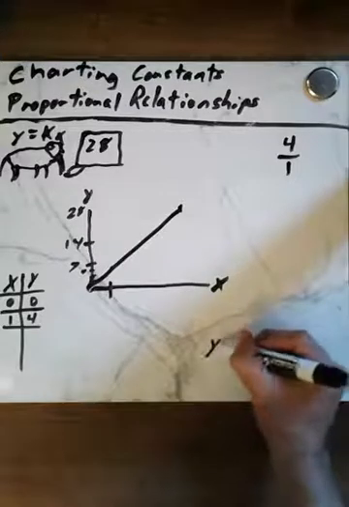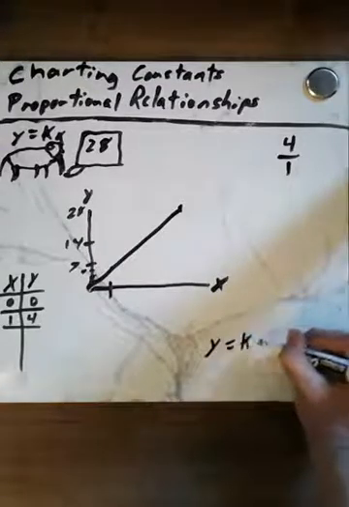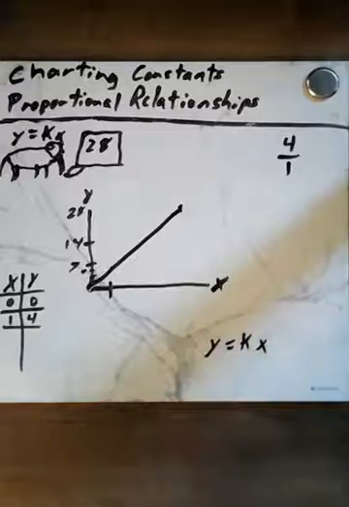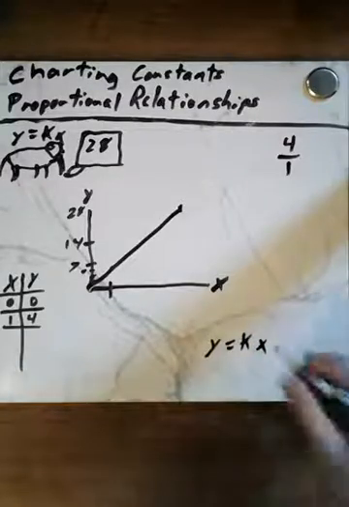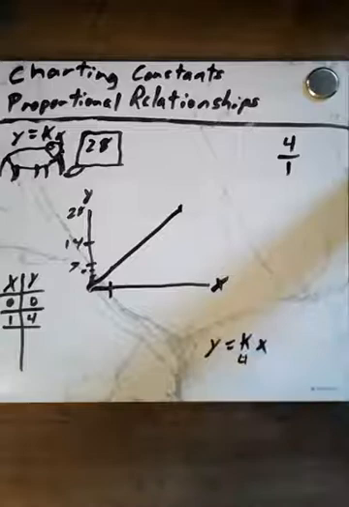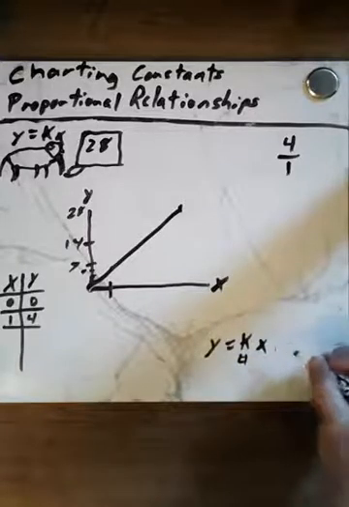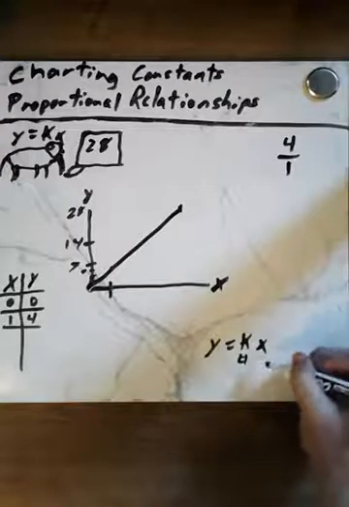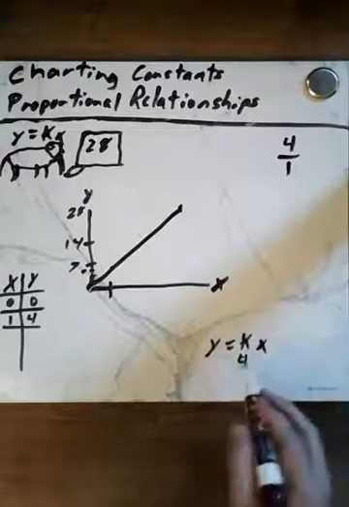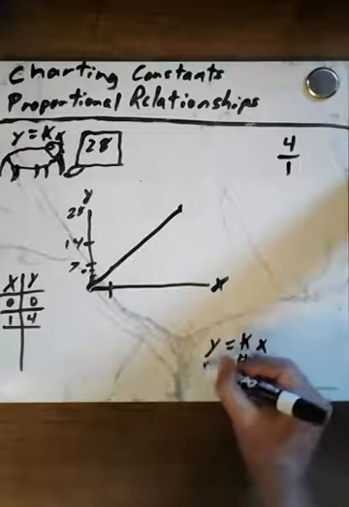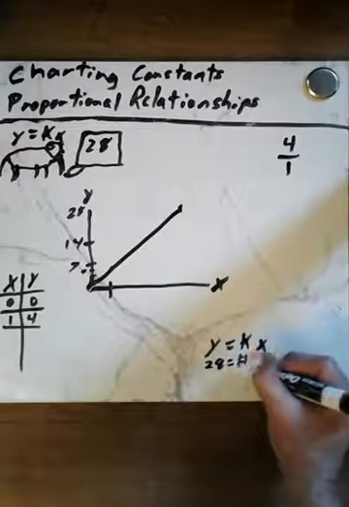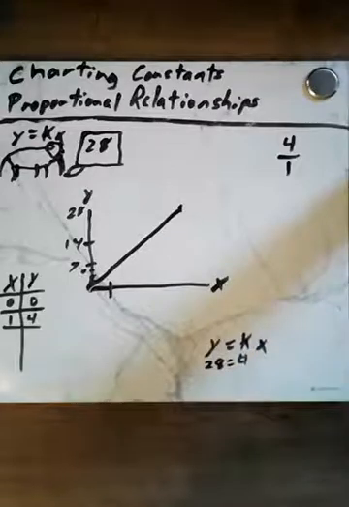We can say y equals kx, where k is 4, and we want y to equal 28, and we want to know the number of days, then we have an algebraic expression that we can solve.